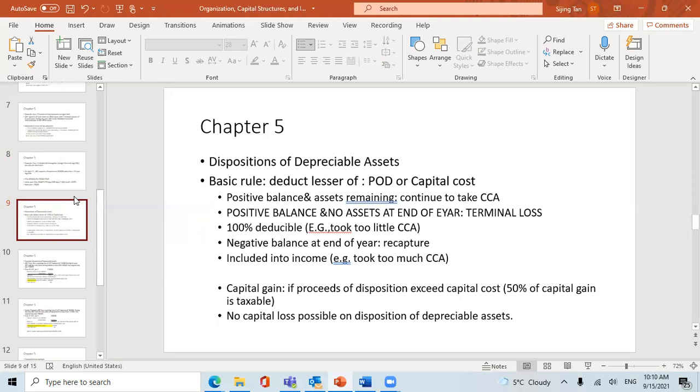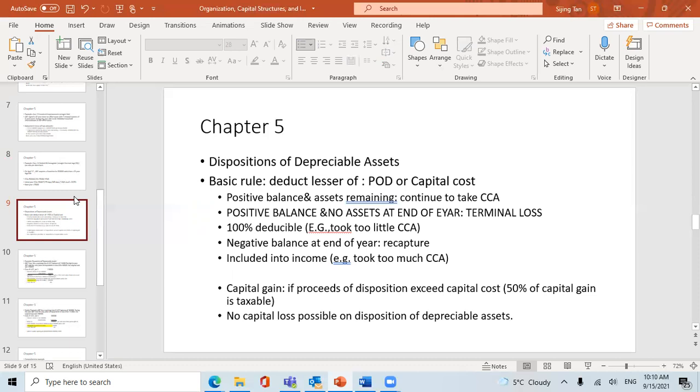There are three different kinds of situations. The first one: if there is a positive balance and assets still remain in your company, your company continues to take CCA. Okay, and then if there is a positive balance and there's no asset at the end of the year, this is called a terminal loss. It is 100% deductible, which means that there are no assets.